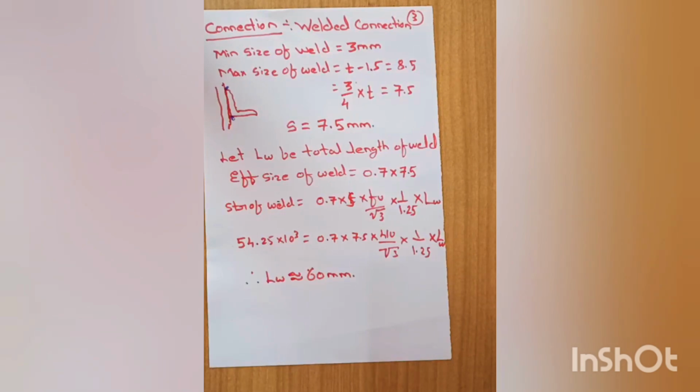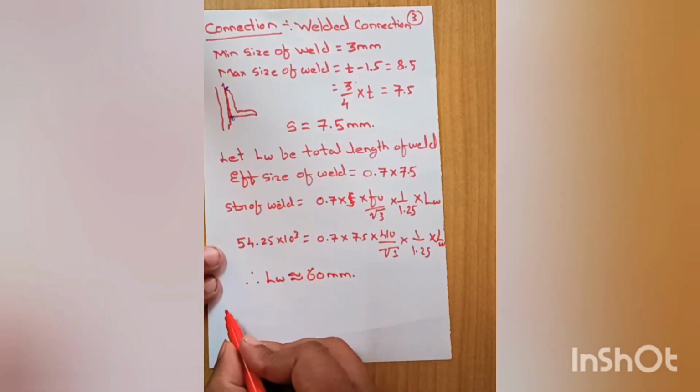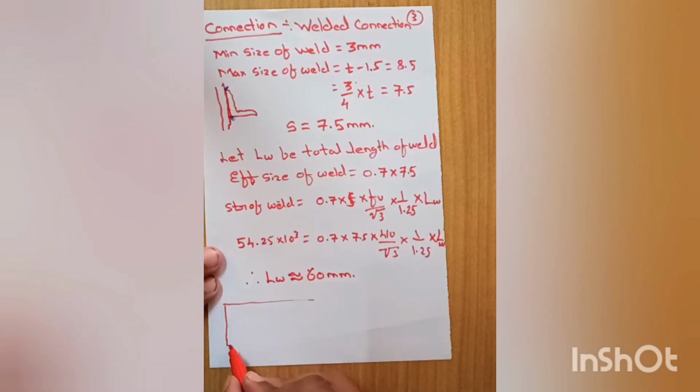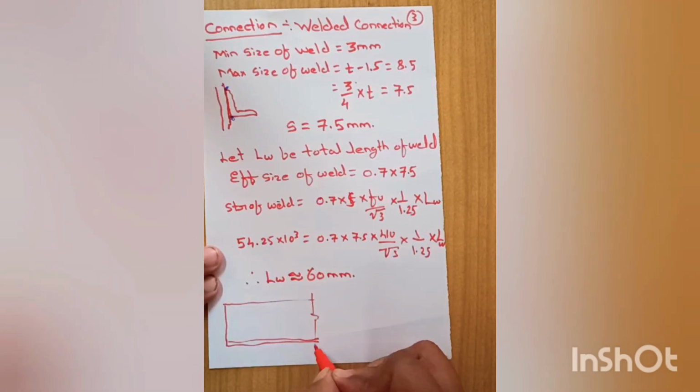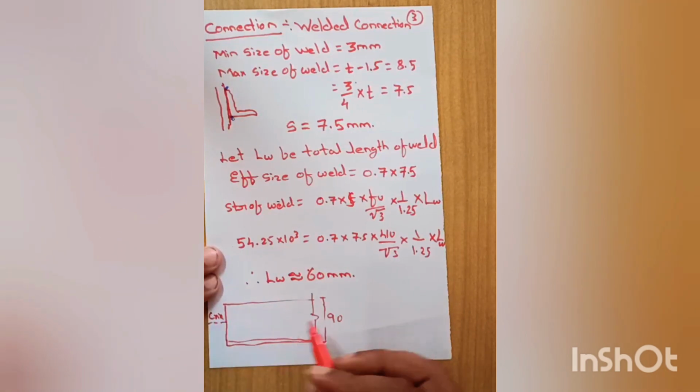Now this 60 mm we need to provide. We have the angle like this here. This is 90. This is CXX.